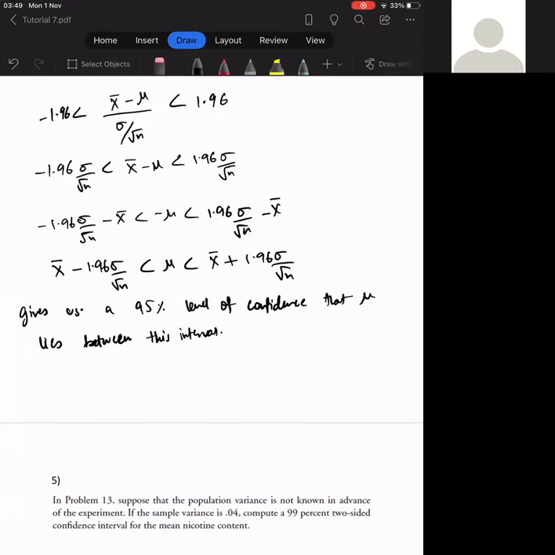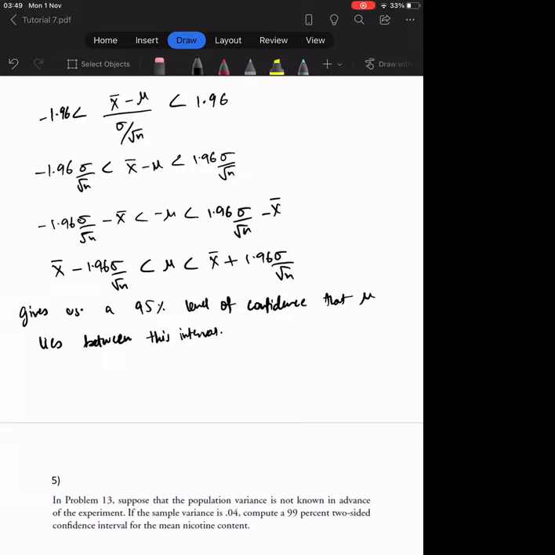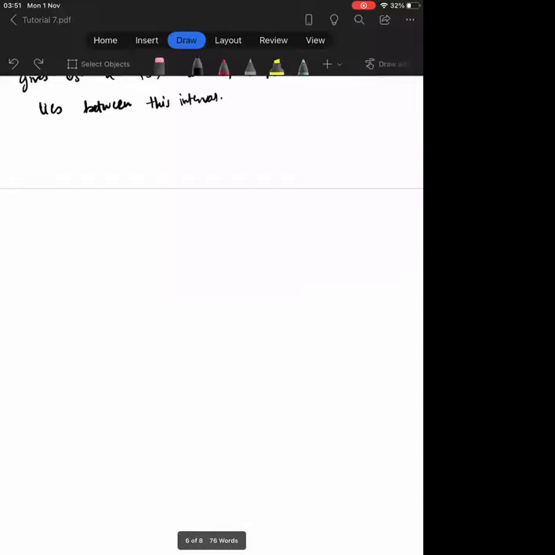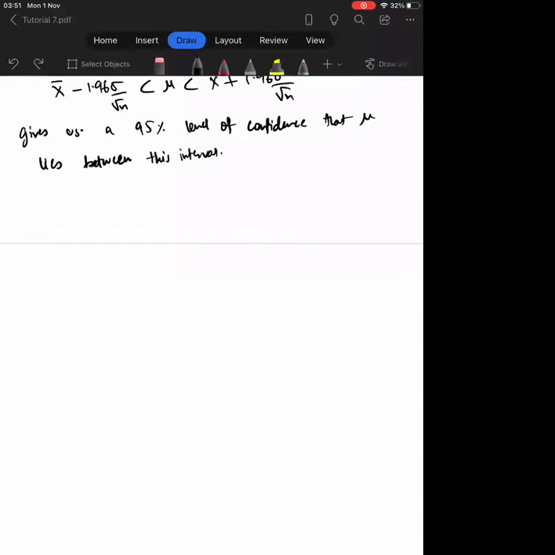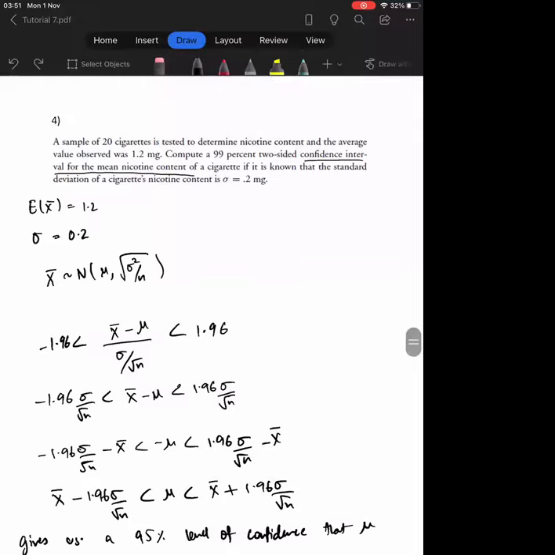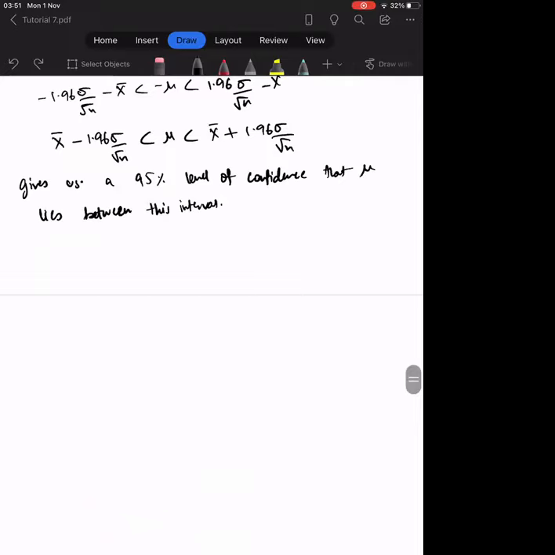Let me just add some space. So for this question we need a 99% two-sided confidence interval. Whatever the z value is for 99%, we will use it. We have this in a general form in which 1.96 is associated with a 95% confidence interval.